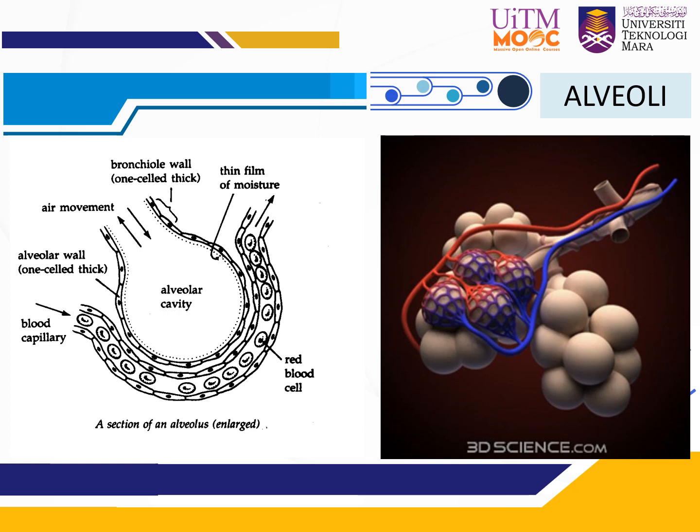As you can see on the right side of the picture, it is surrounded by capillaries, a very thin layer of blood vessels. Red is where the oxygen is being carried, and blue shows where the carbon dioxide is being carried.